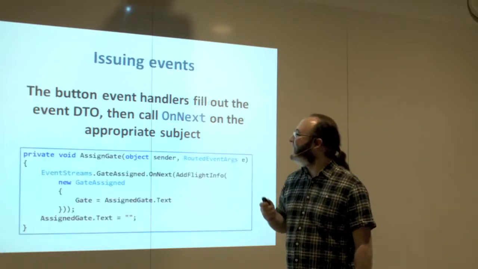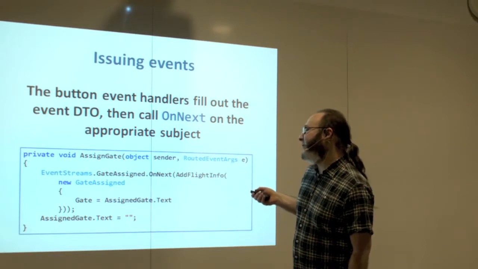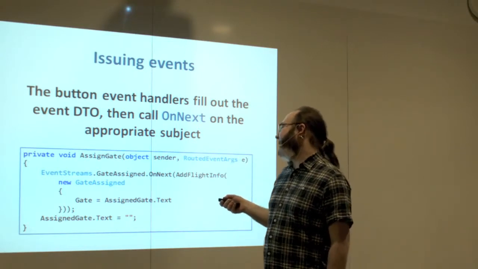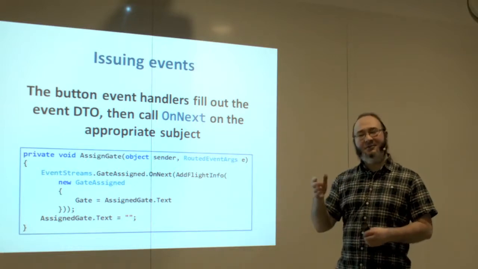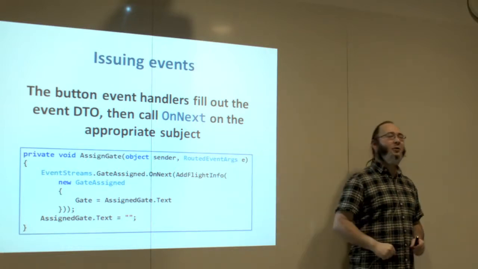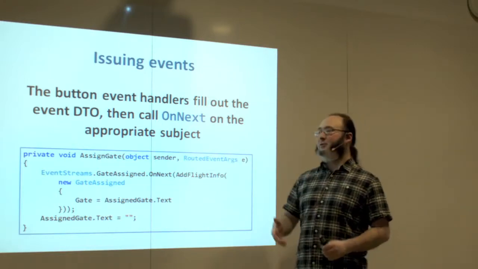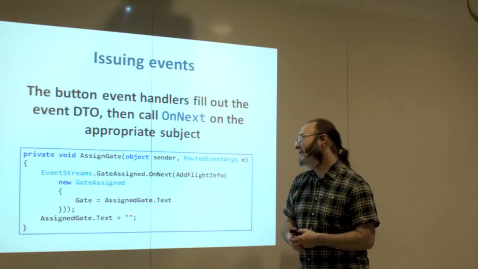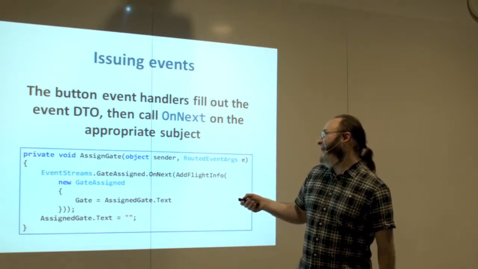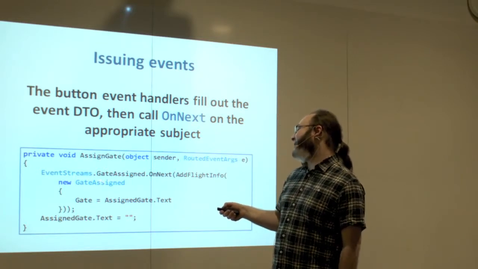Now, to build my UI, I'm just going to fake up some events. In real life we would have a bunch of systems across our airport producing these events, and we'd be receiving them, and there'd probably be a network in the middle somewhere. But for my little sample app, I just make a new gate assigned event.